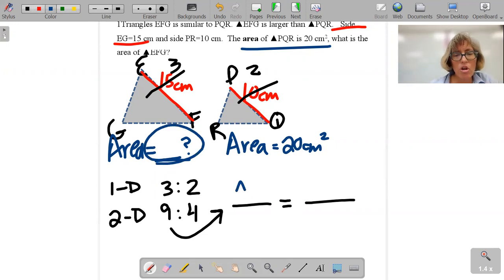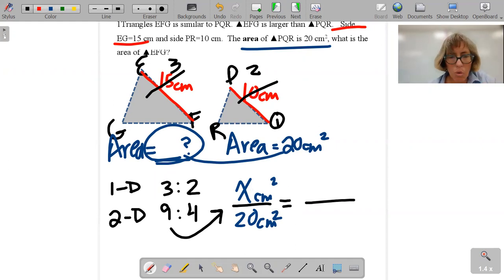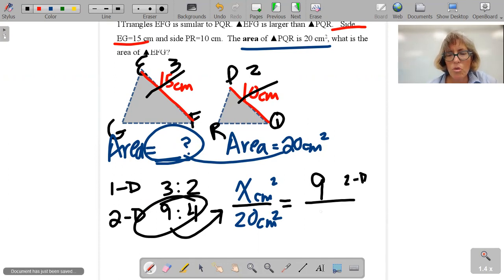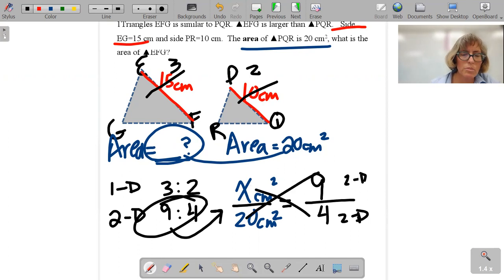So I have unknown area, cm squared, to 20 cm squared, equals this ratio, because it's 2 dimensions, 9, which is our 2-dimensional ratio, to 4, 2-dimensional ratio, cross multiply.